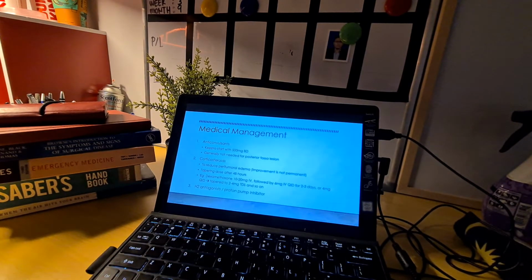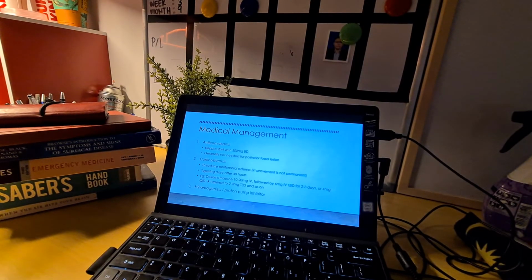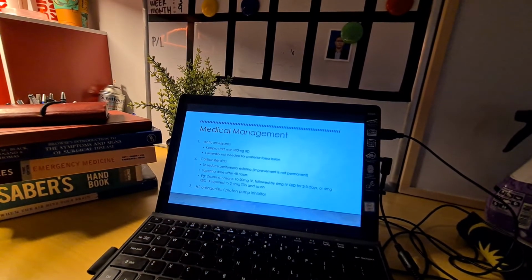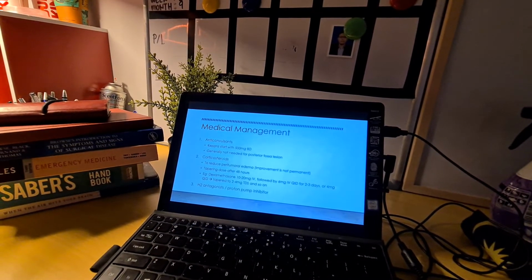For the medical management of brain metastasis, one of the most common problems is seizure. Usually we will start an anticonvulsant and follow up in the clinic, like Keppra, starting at 500 mg BD. But for posterior fossa lesions, Keppra is usually not needed.